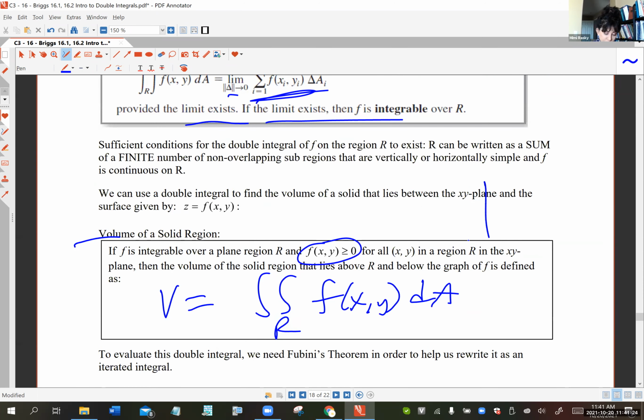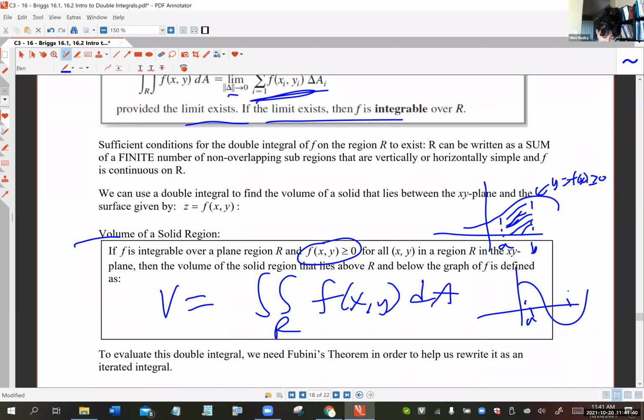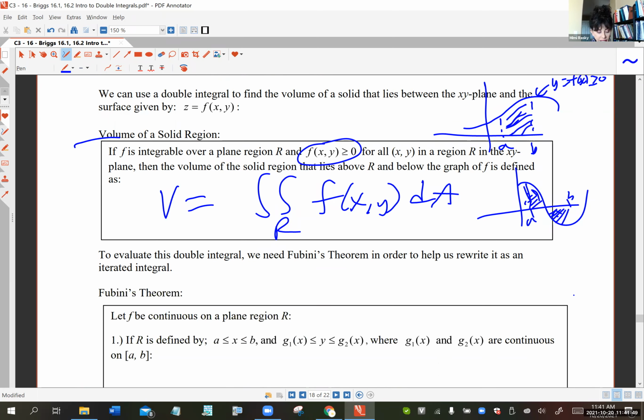And so you'll remember when you took a Calc 1 class and they wanted to find true area, they defined it where your function was greater than or equal to 0. It was above the x-axis. Because I hope you remember, if your function fell below the x-axis, when you were finding areas, sometimes your areas might be positive, negative, or 0. That's because you dipped below the x-axis. Similarly here, if your f of x y dips below the xy plane, you're going to end up with negative answers. So we're going to avoid that for now.